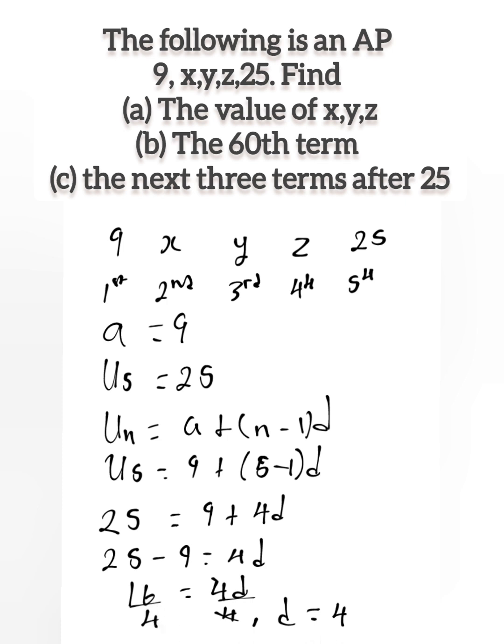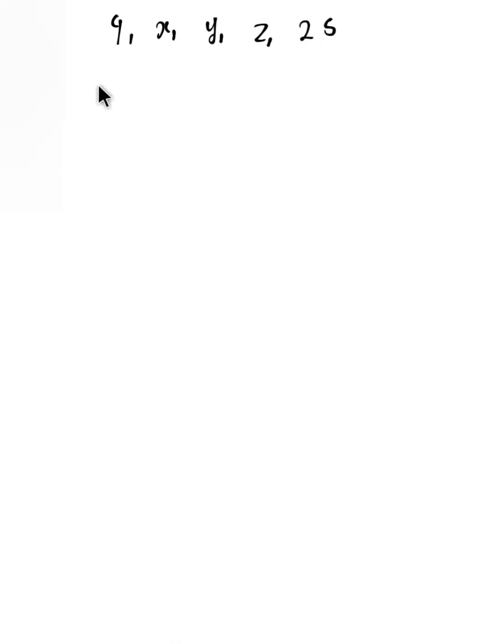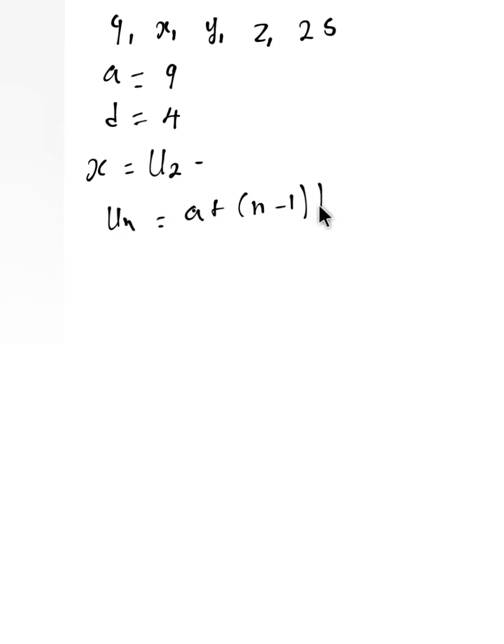So since we have the first term, which is 9, and the common difference, which is 4, we'll be able to find x, y, and z. Now we have that the first term is equal to 9, and the common difference is 4. So let's find x. x is equal to the second term, that is U2, and the general formula is Un is equal to a plus bracket n minus 1 d.